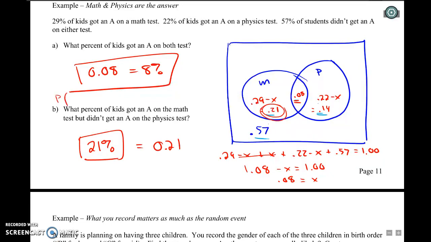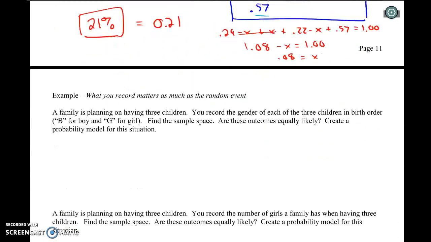A on both tests: got an A in math and A in physics. Again, later on we're going to learn some stuff about ands. Even if we were to write these like this, it doesn't really help us calculate anything. This one here, let's just skip it.